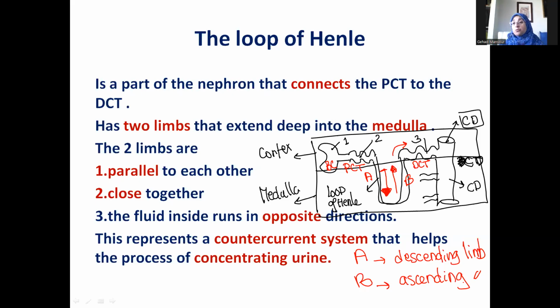Now, those two limbs, limb A and limb B, are very close to each other. They run parallel to each other, and the fluid in them passes in two opposite directions. That's why the loop of Henle is called a countercurrent system.